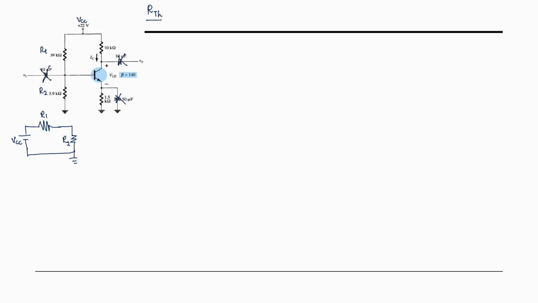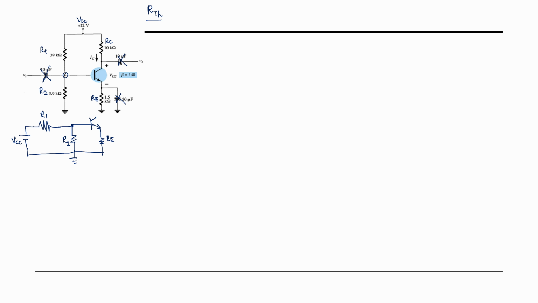This point is connected to the transistor. So here is the transistor, and then we have another resistor here. This is your RE resistor. This is your RC resistor.